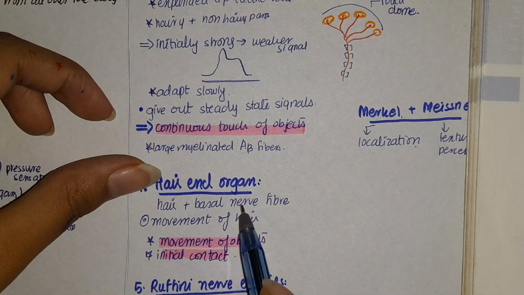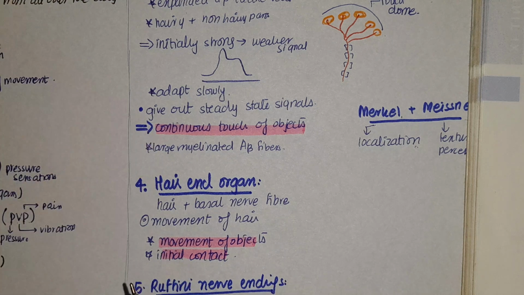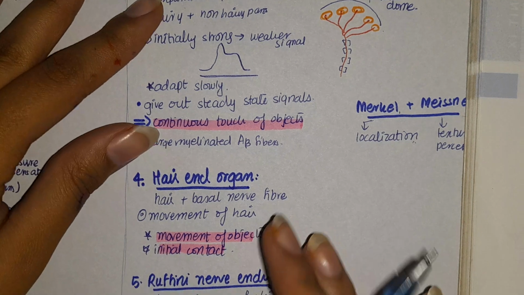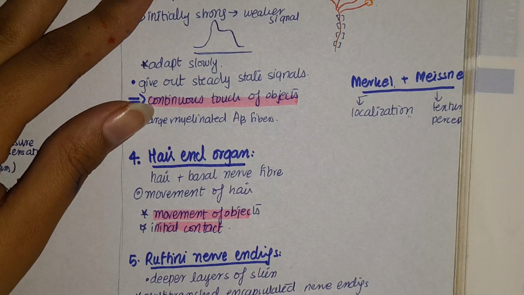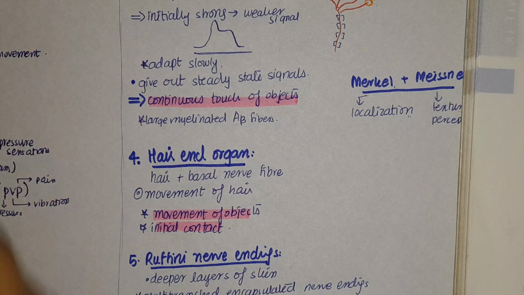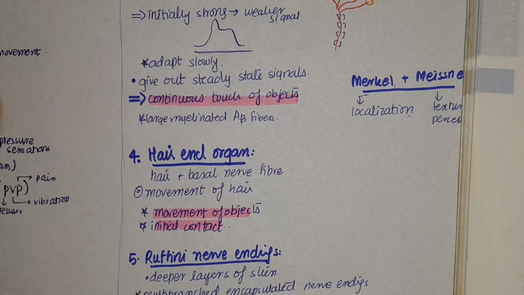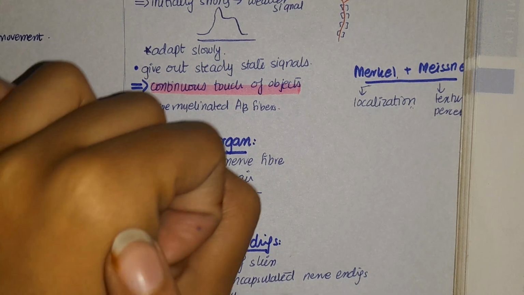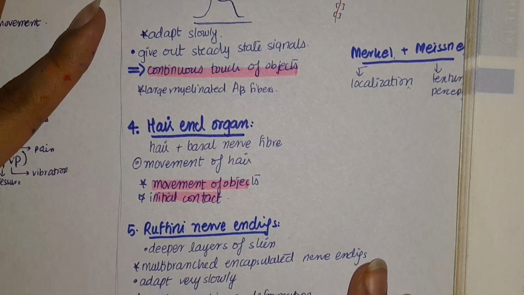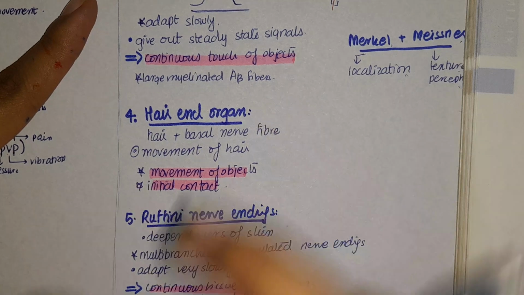It is a very rapidly adapting one. If it rapidly adapts, it means that it is going to detect any initial contact or movement of the object. So this is how it occurs. Any random touch, any random contact, is going to be detected by this hair end organ.